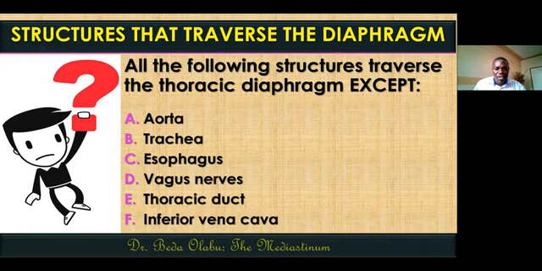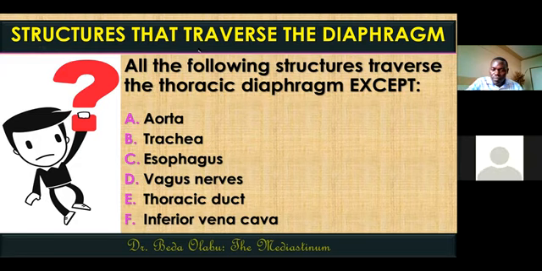Okay, so James is saying E. James, tell us why you've chosen E. I've chosen E because all the other structures will traverse the thoracic diaphragm.